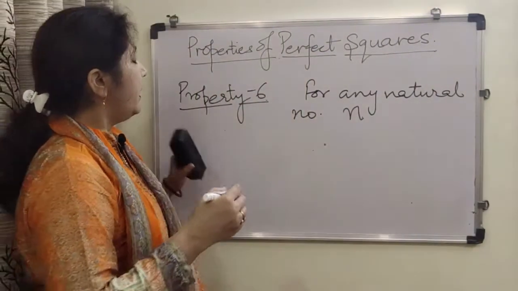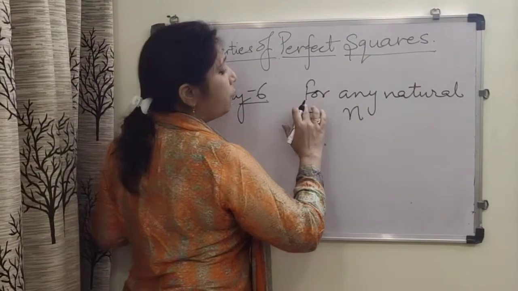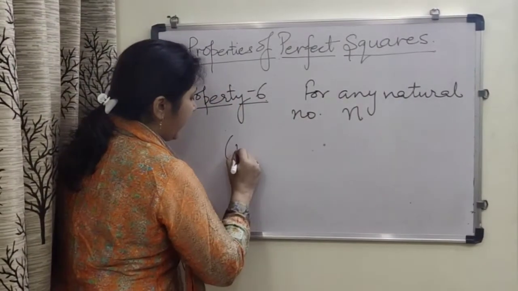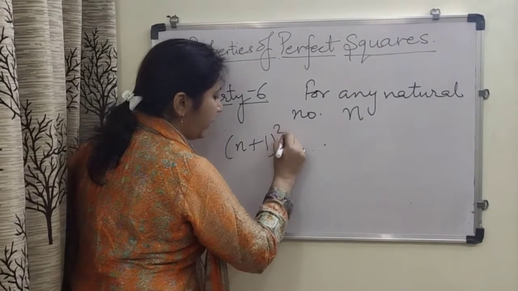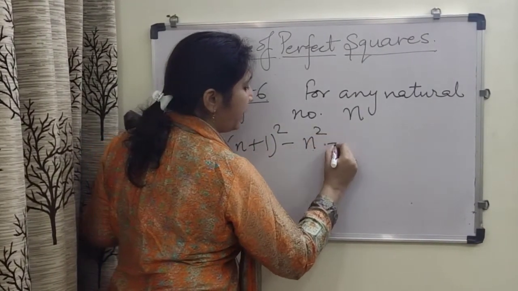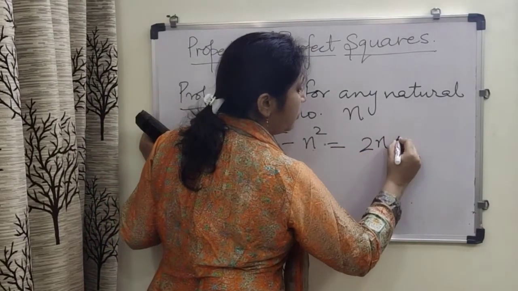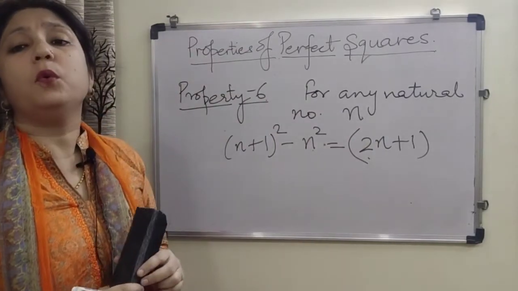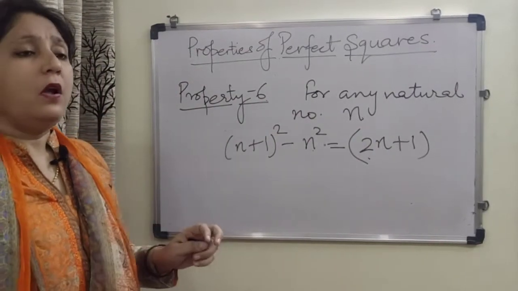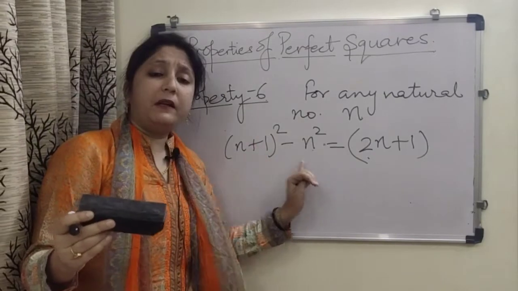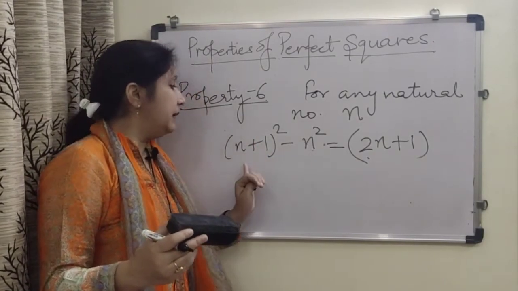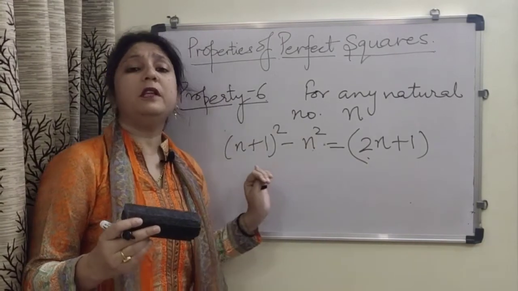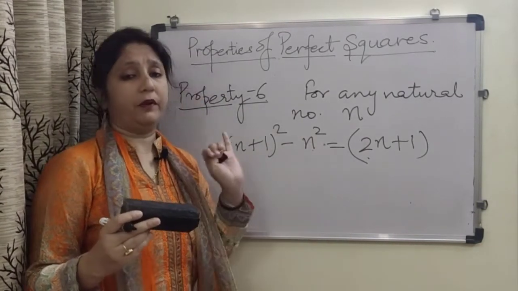So here for perfect squares, one property holds that for any natural number n, (n plus 1) whole square minus n square is equal to 2n plus 1. But make sure these two should be consecutive numbers.